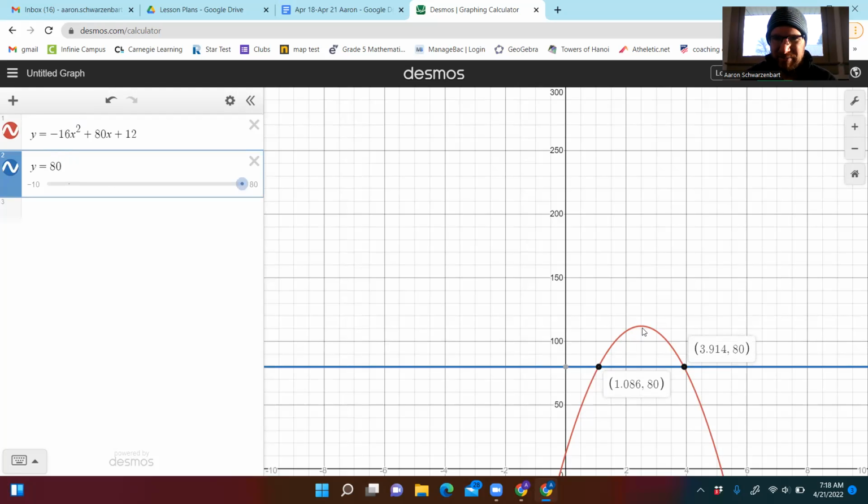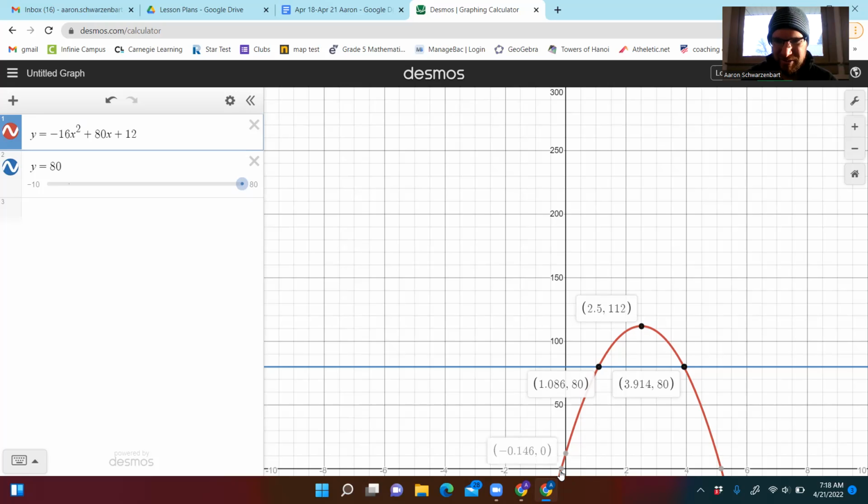So everything but this maximum height is actually the vertex of the parabola. We call this key point at the top, or the bottom if it's an upward opening parabola, the vertex. And that's going to give us our maximum. Every other point on a parabola is going to have 2 values.